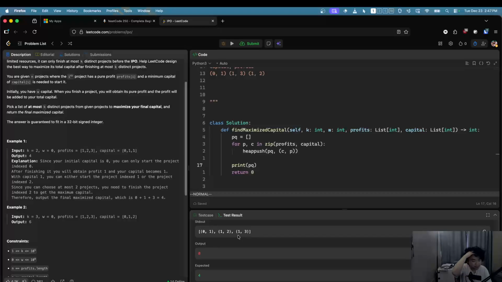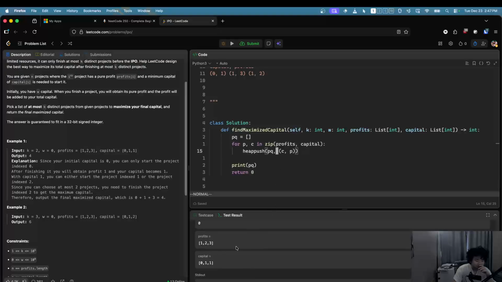When they have the same capital, I want to take the one with the most profit, because first I want to prioritize capital. So like the order 0, 0, 1, 1, 1. But how do I order them: 0, 1, 1, 1, 2, 3? It's still a problem here. So 0, 1, 1, 2, 1, 3.